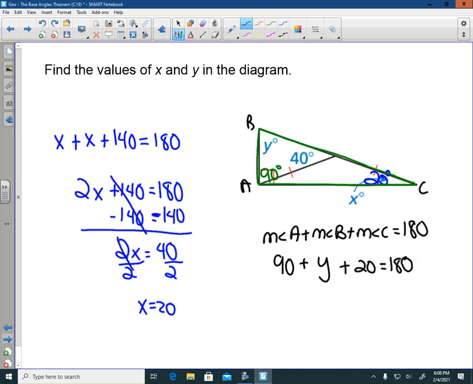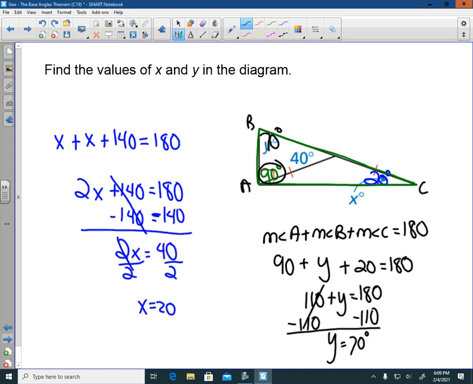So let's see, 90 plus 20 is 110, plus y equals 180. And then let's subtract 110 from both sides. It gives us y equals 70 degrees. Which makes sense, doesn't it? Because if all three add to 180 and this one's already 90, then these two have to add to 90. So we know we're right.